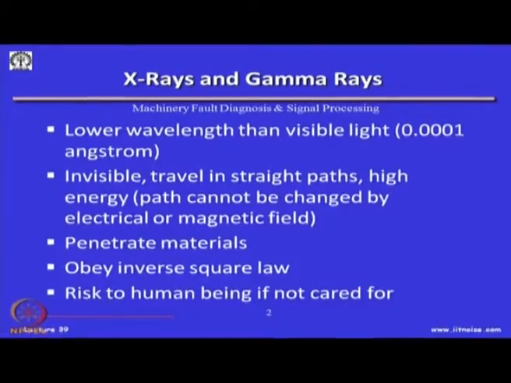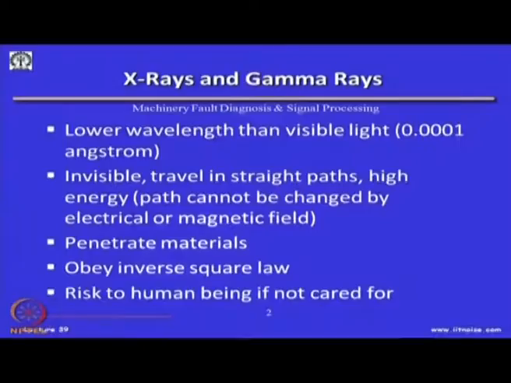The characteristics of X-rays and gamma rays are that they have a much lower wavelength than visible light. As you know, visible light has a wavelength from 4000 to 7000 angstrom, and infrared somewhere between 9000 to 14,000 angstrom, but compared to that they are on the other end of the spectrum where the wavelengths are very small.